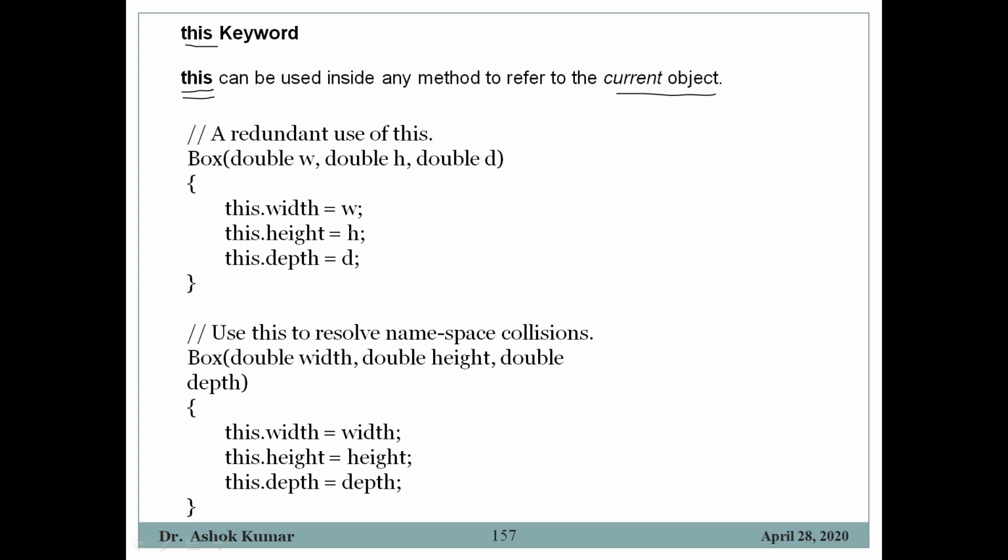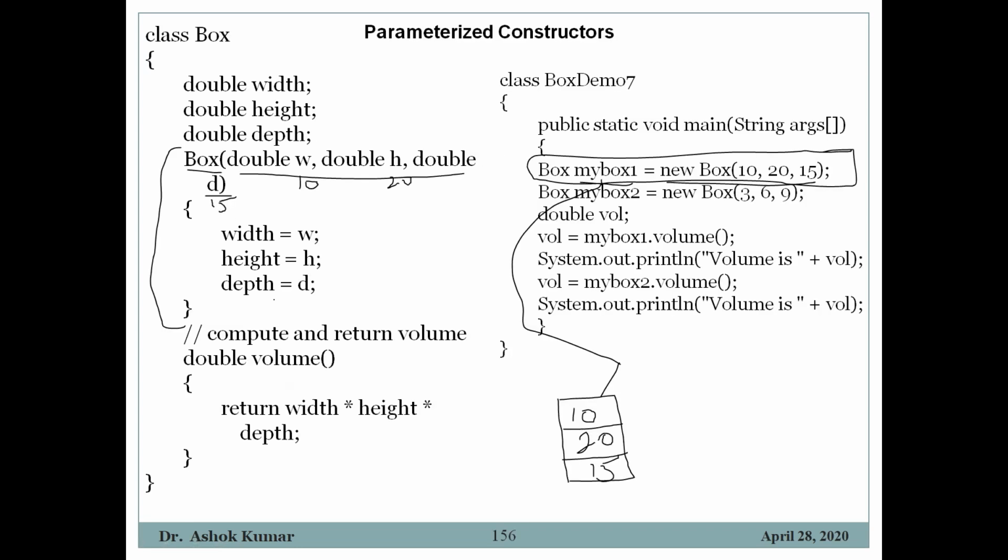This example is in case of this constructor. Over here we have used the parameters w, h and d. In the previous example, as we discussed, we can directly assign w, h and d to width, height and depth. These width, height and depth are basically the instance variables, right, with which this method or constructor is being called.